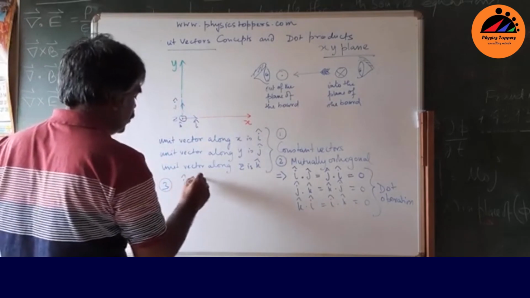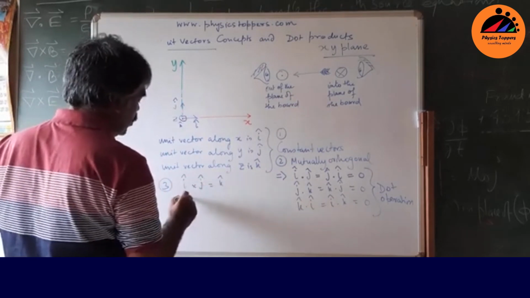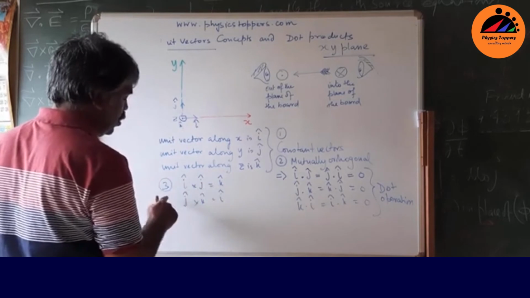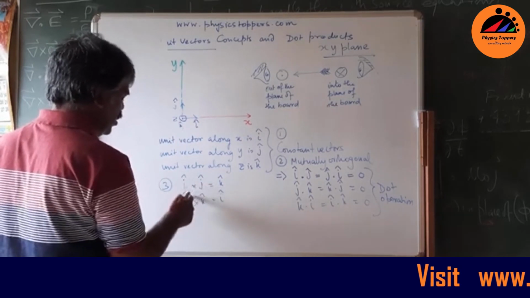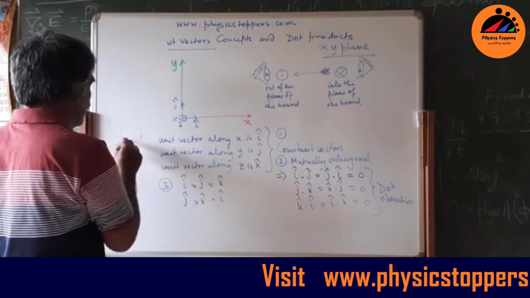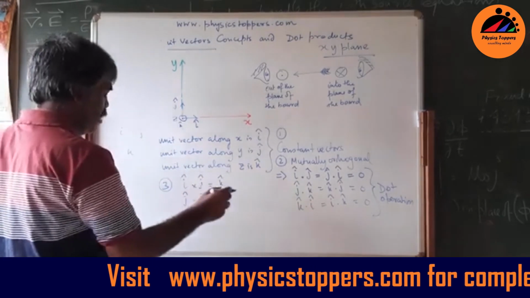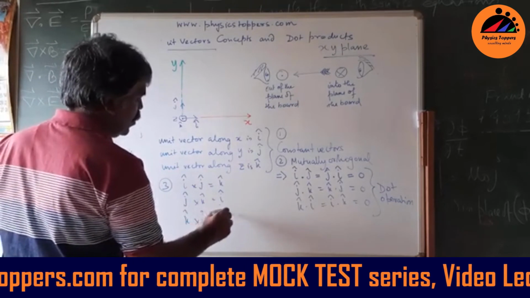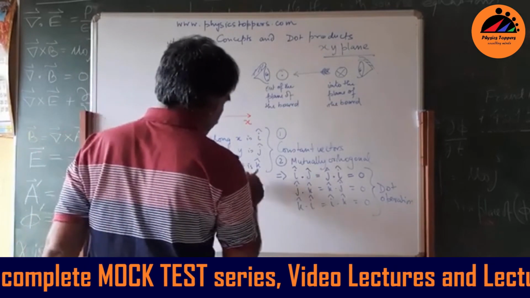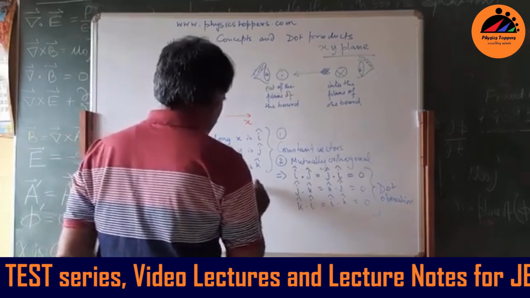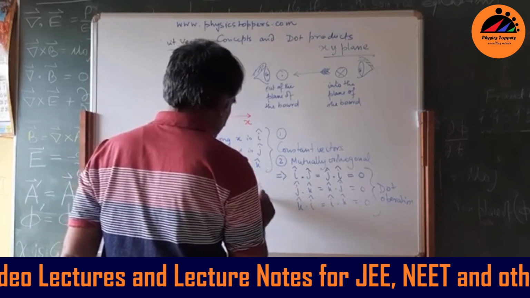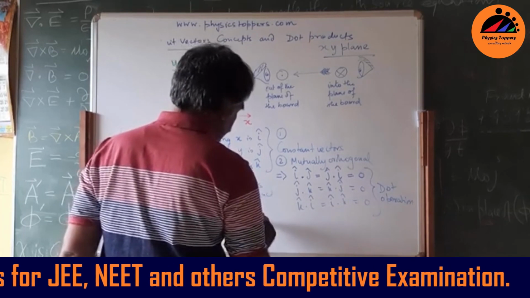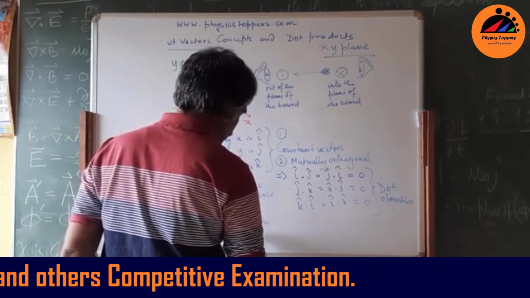I cross J is K cap, J cross K is I cap, and K cross I is equal to J cap. So this is the cross product. Refer to the cross product video on YouTube.